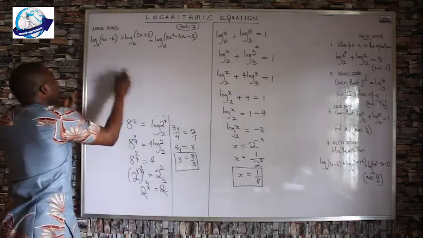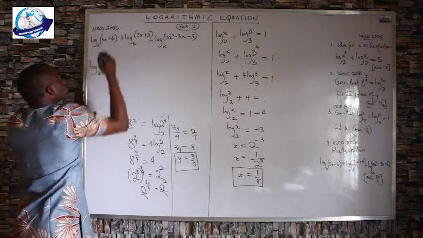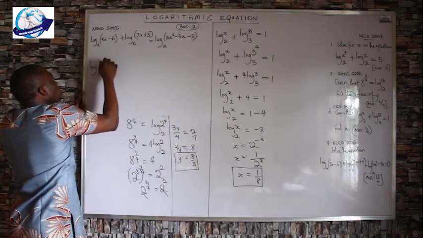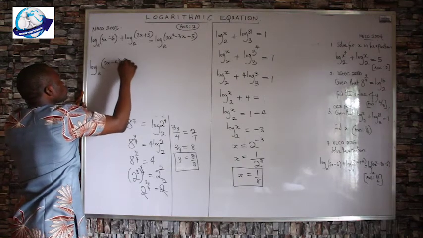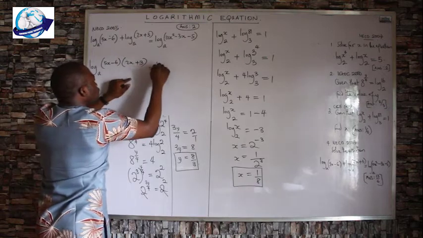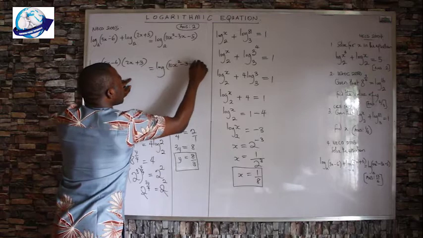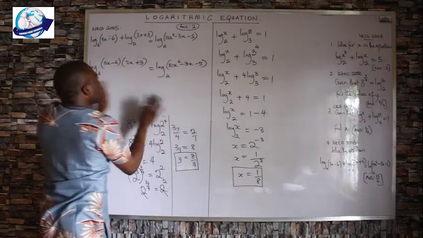So what do you say? On the left hand side we'll take only 1 logarithm A and then multiply this by this. So that gives us in brackets 5x minus 6 into 2x plus 3. So this is done. Then equal to logarithm 10x squared minus 3x minus 5 base A. So it's balanced.